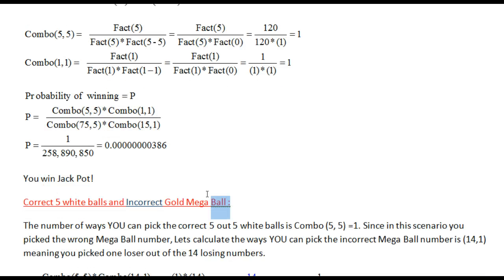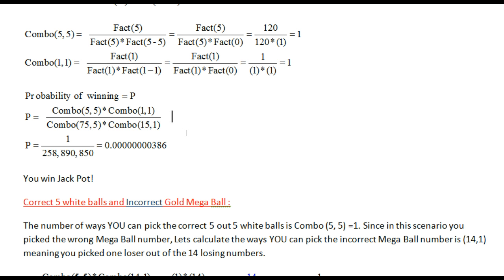So the probability of winning, which I call P, is equal to the combo of 5, comma 5, times the combo of 1, comma 1, divided by the total. Up above in the numerator are my successful attempts: combo 5, comma 5, and combo 1, comma 1.